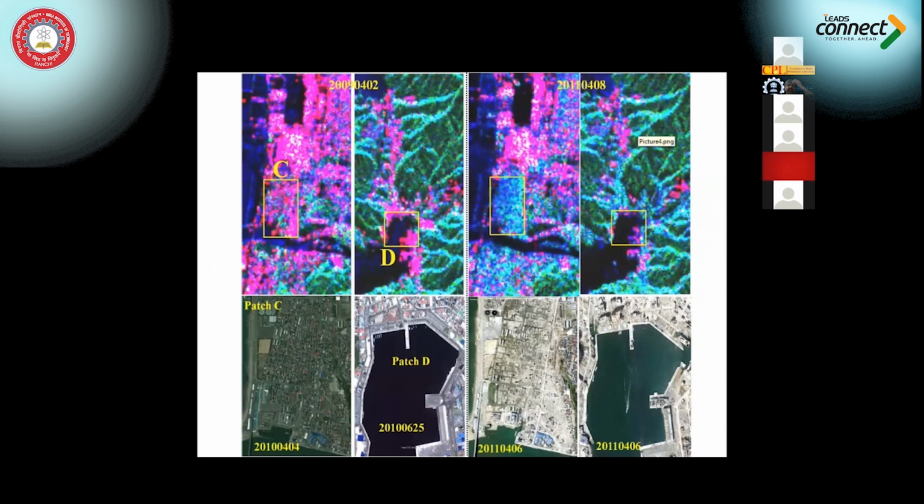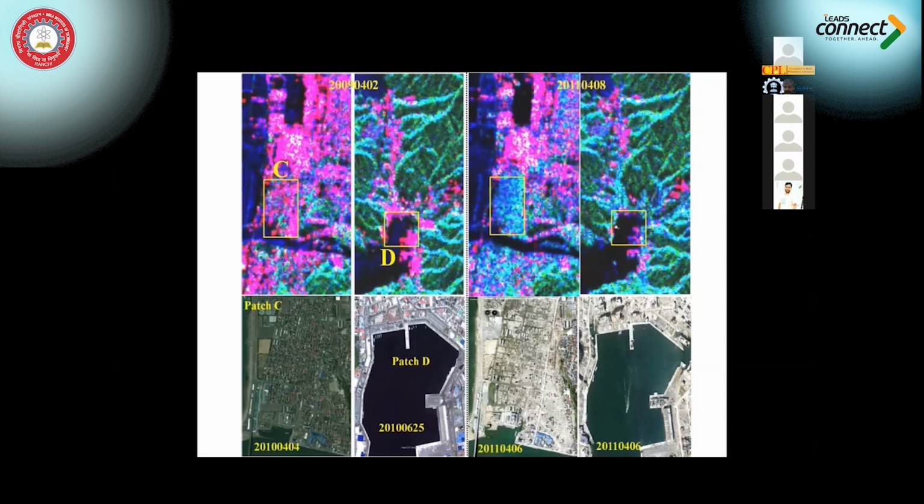Okay, this is another example of visual interpretation. In a zoomed up area of the previous image, you can see this area before the tsunami and after the tsunami. Only one or two buildings might be standing here, but the rest is completely wiped out. Another one is the Bay Area. You can see significantly that damages happen, and you can also see some double bounce scattering happening here.